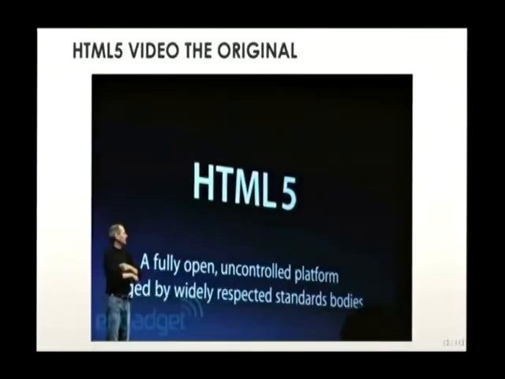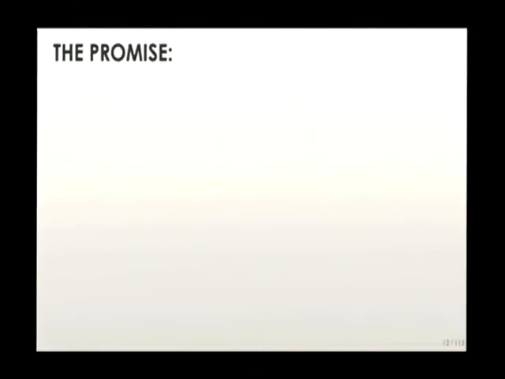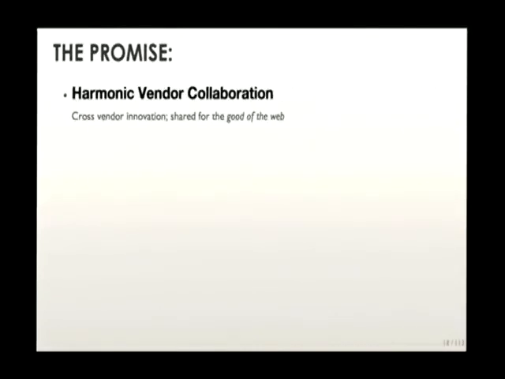Apple promoted, or bootstrapped, the messaging around HTML5, which was a fully open, uncontrolled platform, with widely respected standards bodies, and it delivered this promise that we would have collaboration among these different vendors, implementing for the shared good of the web.